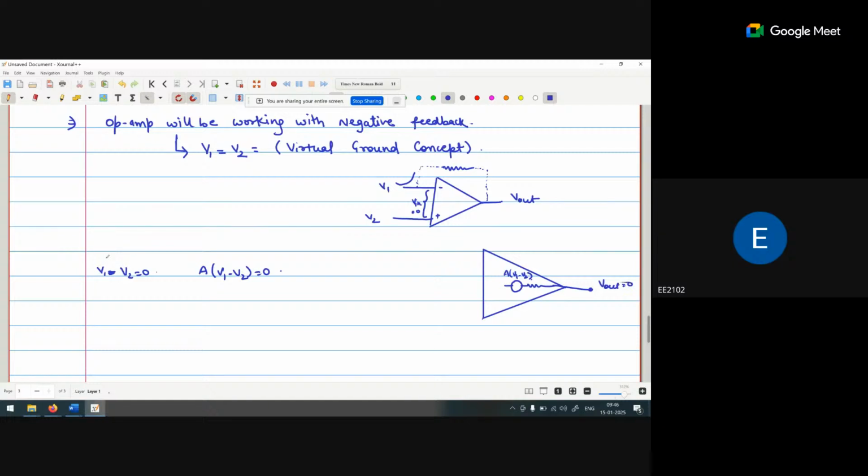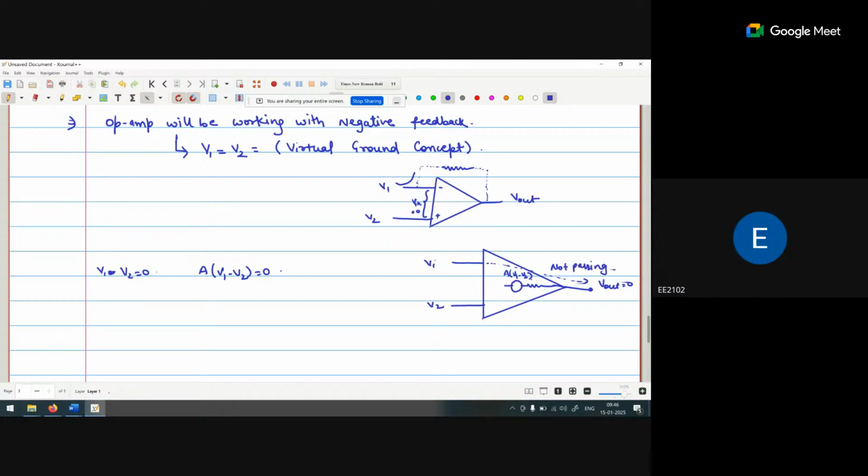If V out is 0, the current will not pass. Either you apply V1 here or V2 here, the current will not pass through the operational amplifier.